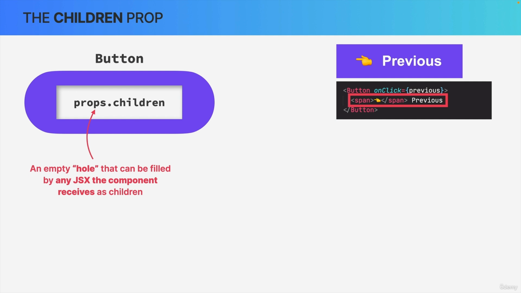So just like in HTML, we can write anything that we want between the opening and the closing tag of the component that we are using. In this example, this piece of JSX creates the elements that are the children of the button component, and they will be accessible inside that button as props.children. So that's why we say it is the children prop.